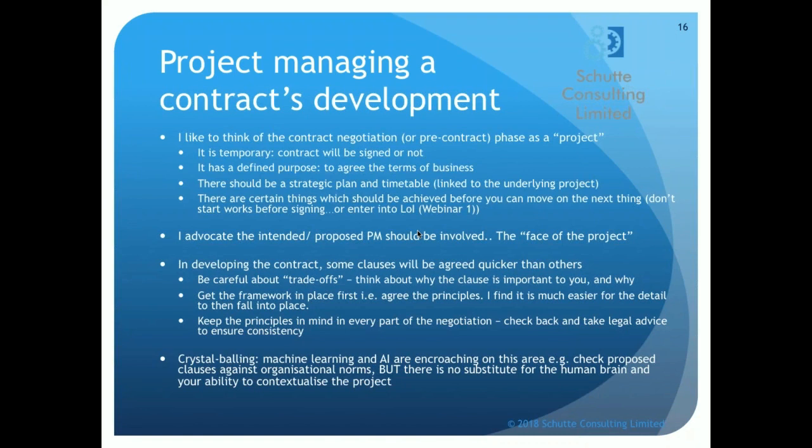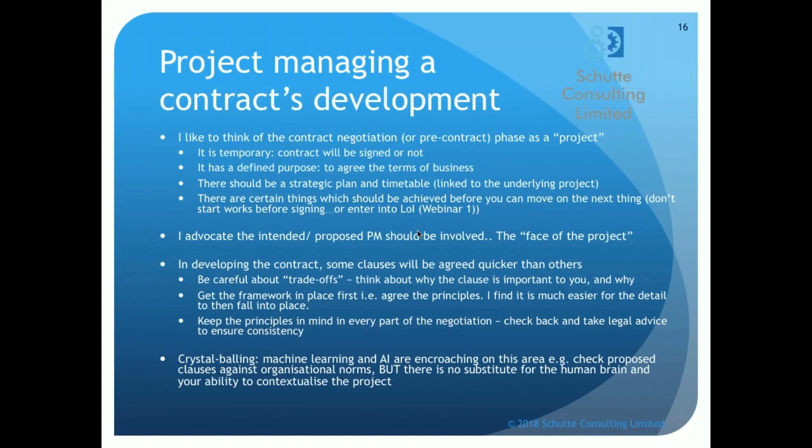However, I would say very strongly, as for project managers in particular, that there is no real substitute for your brain. And the fact that you can contextualize the project and that you have the visibility of the whole of the project means that the importance of the things that we're learning is not going to go away anytime soon.